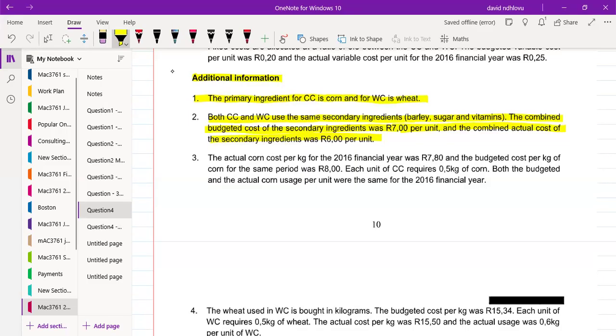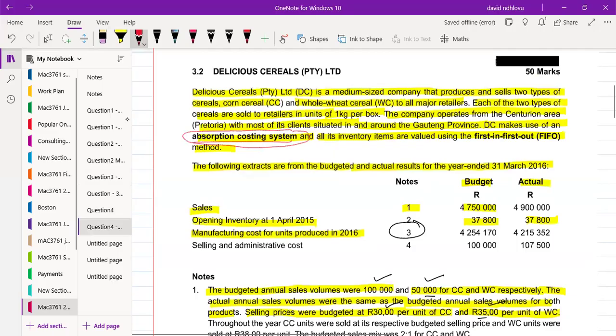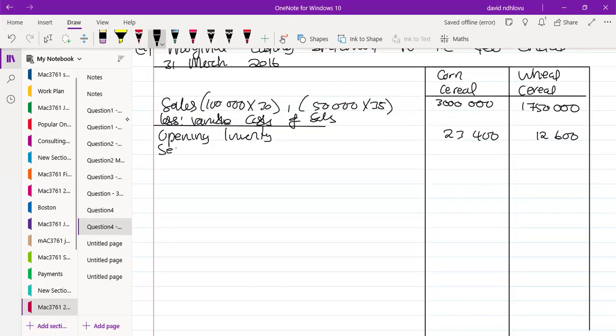So now these are direct materials, but you have been given them separated. So you have to show them separated. So therefore you say secondary ingredients. These secondary ingredients are direct material.